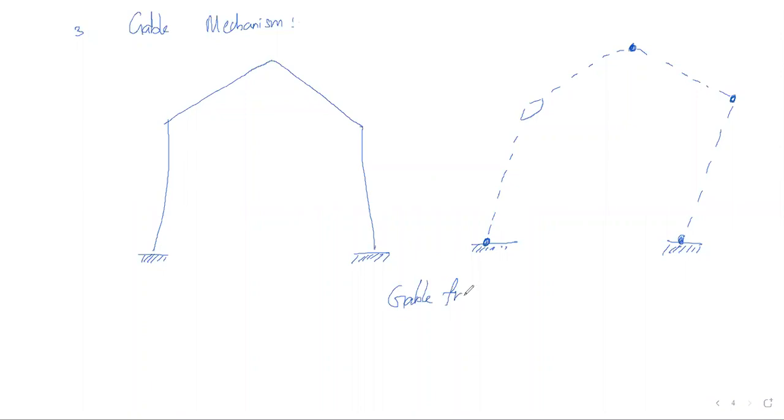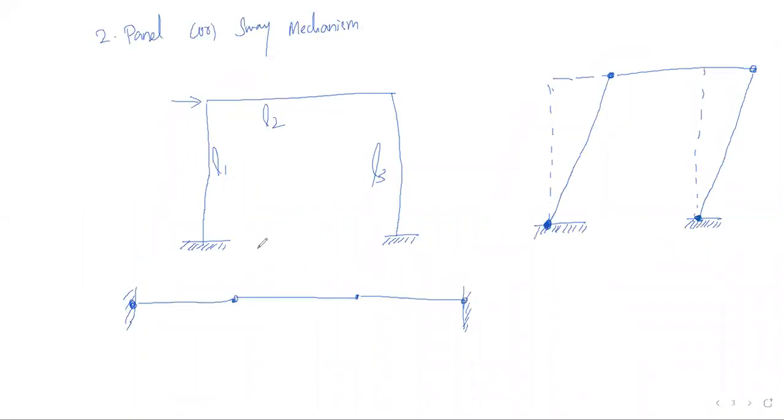In a Gable frame we can have Gable mechanism, and here it is portal frame. We can say this one is portal frame. In portal frame we can have both sway, because of horizontal load we can have sway mechanism, and if I have any vertical load acting downward, then here also I can have some beam mechanism.